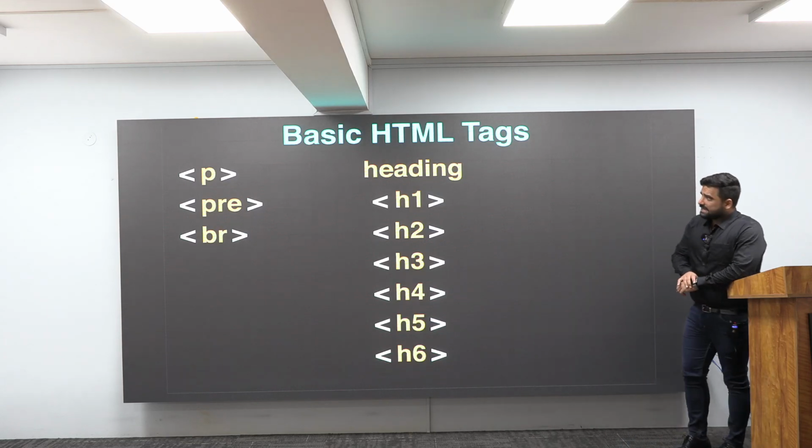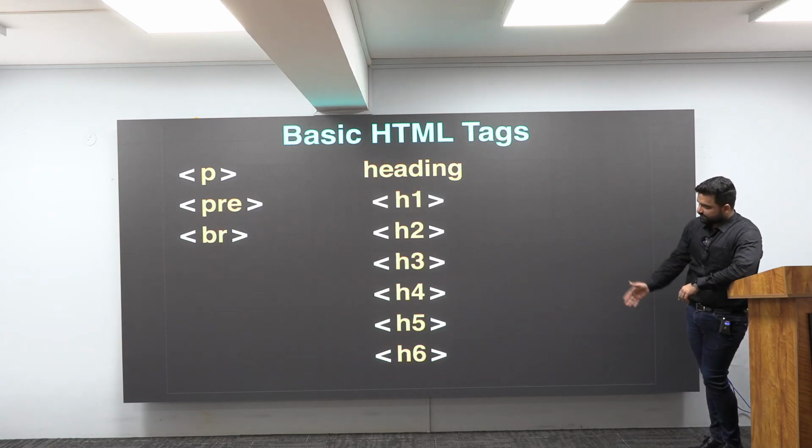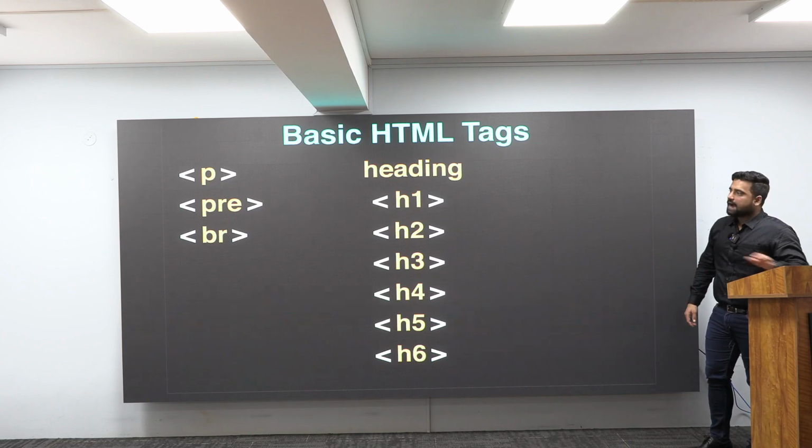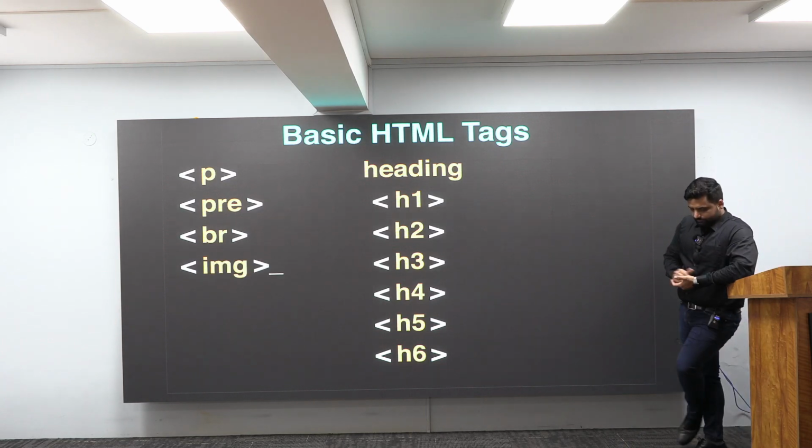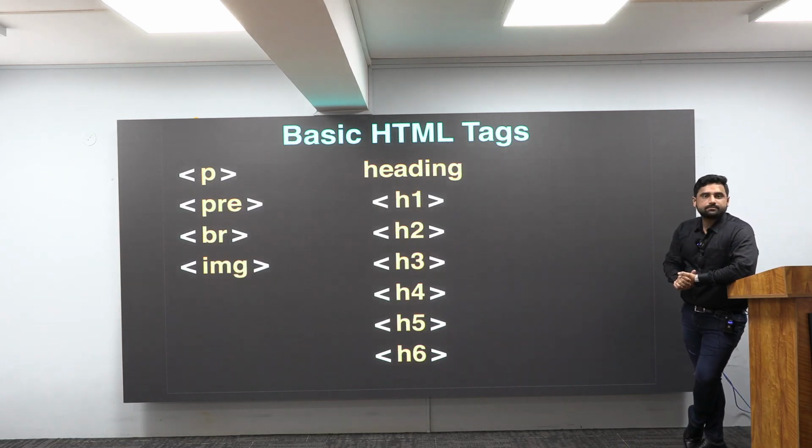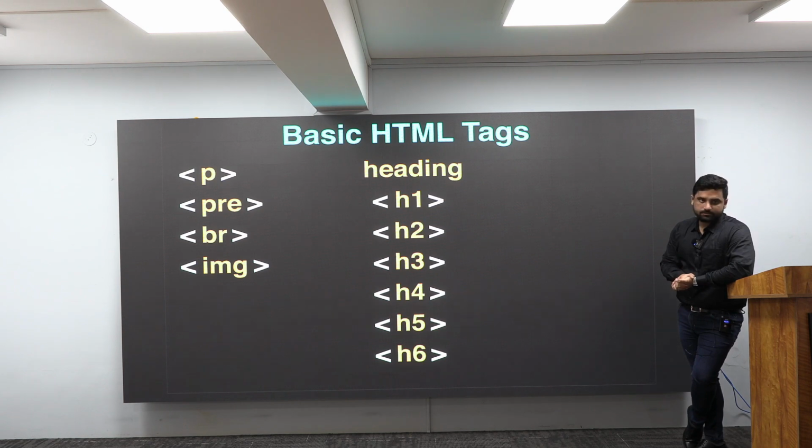Now after the heading tags I have shown here, one more tag we are having. What is that? Image. This is an image tag, right? How have I written this? IMG.